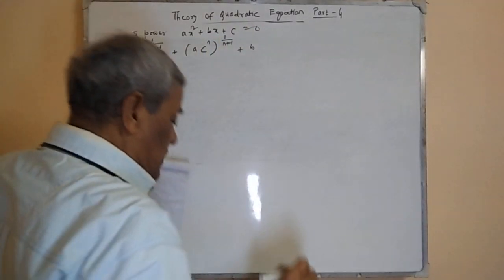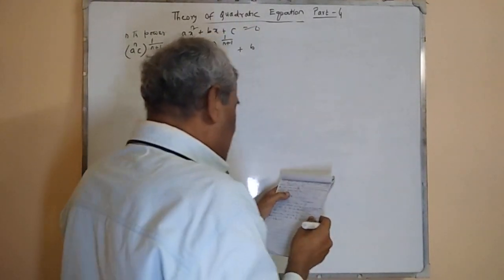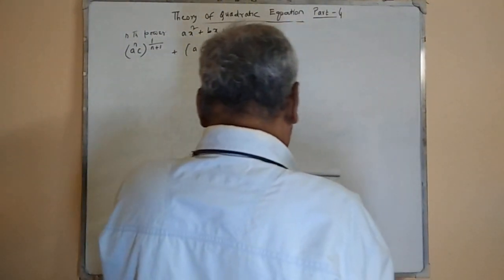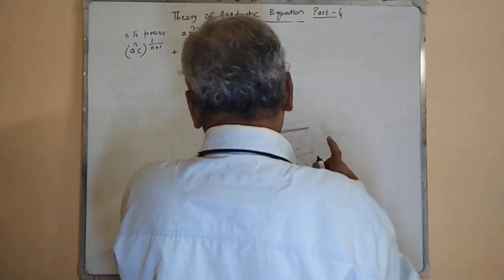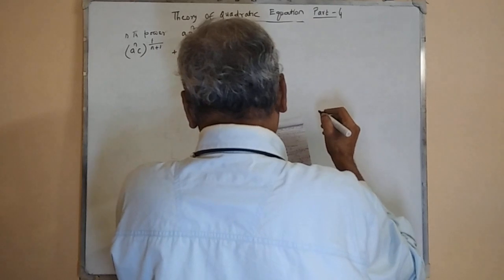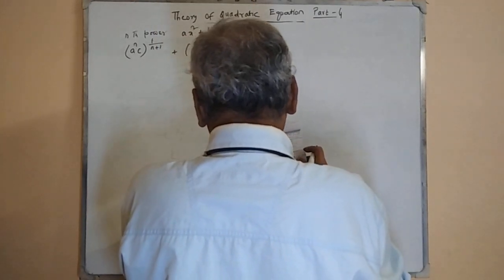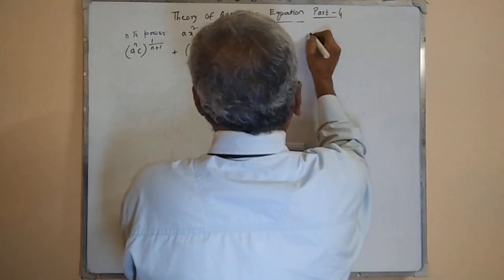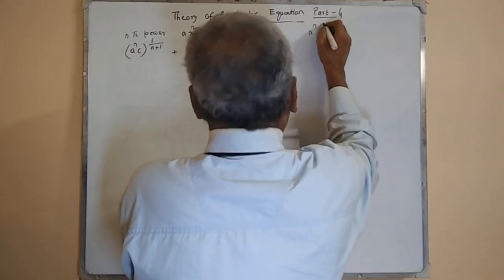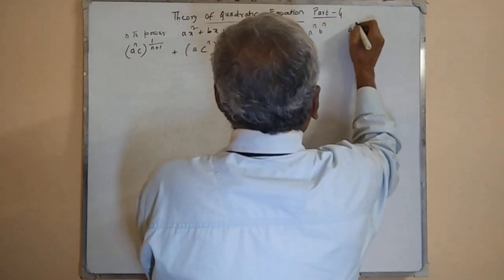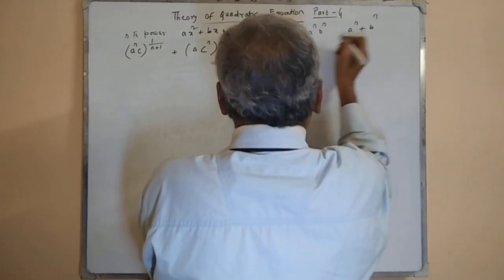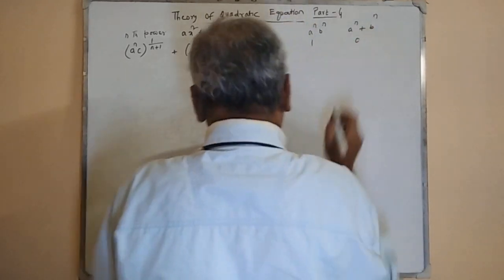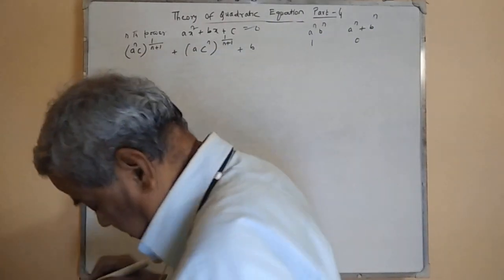What is the value of that? Options are not numerical. The options are a to the power n, b to the power n, a to the power n plus b to the power n, 1 and 0. These are the options.